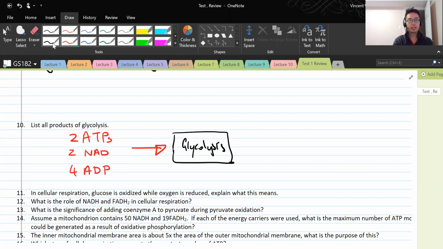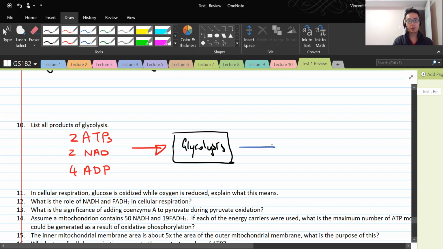Okay. So what's going to happen is afterwards, these ATPs will become 2 ADP. Okay. The NAD will become NADH. The 4 ADP will then pick up the phosphate released from this glycolysis process and become ATP.